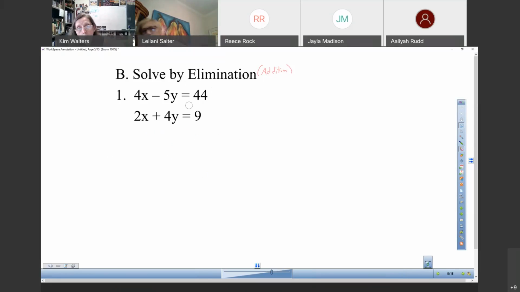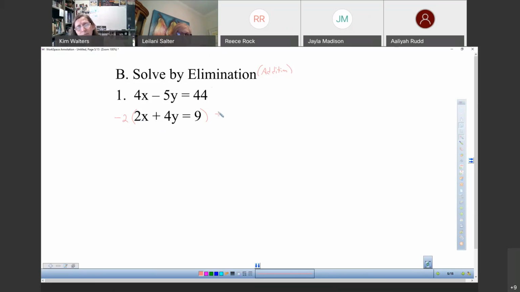Okay. What we are going to do is manipulate one of these two equations so that when I do add them together, I eliminate a variable. So I need to look at my x's and y's. And I usually try to just eliminate the x's. It's just a little bit easier if you can. If I multiply this second equation by -2, and you might be saying, why the heck did you choose -2?